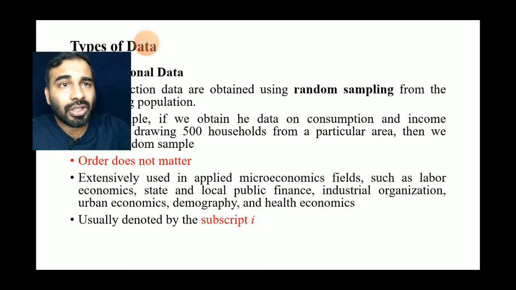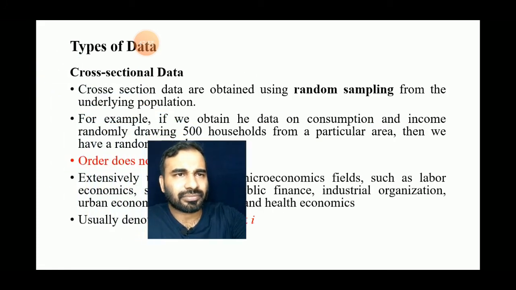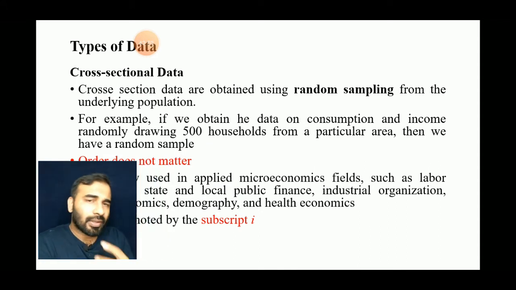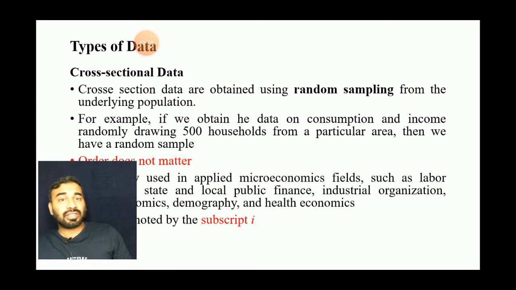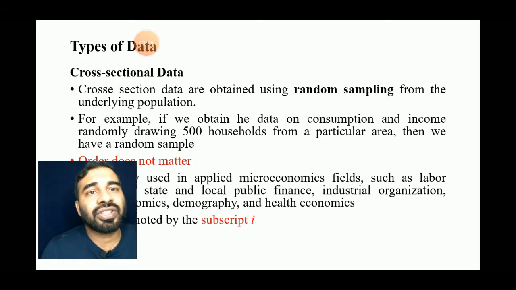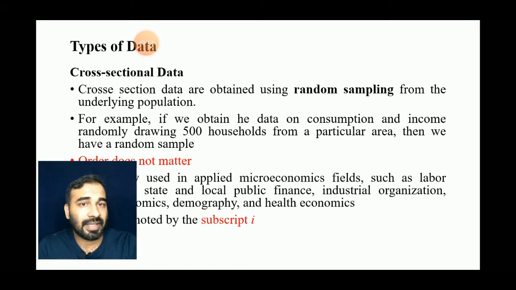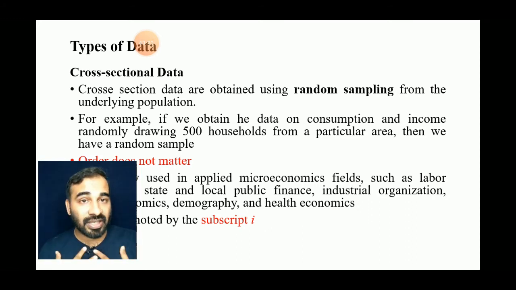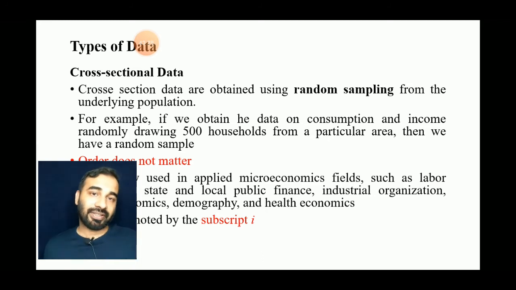Okay, so you look at this: cross section data are obtained using a random sample. So you have to understand that if a data is cross section data, then that data is collected through random sampling techniques.